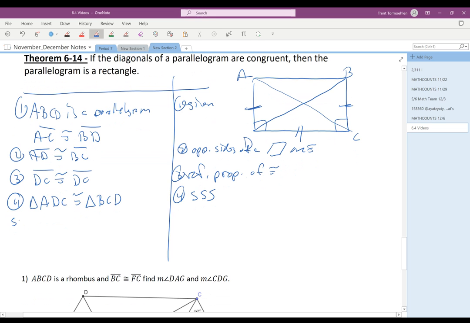From there, we can say that angle ADC is congruent to angle BCD, and that is because of CPCTC. And then we also know that ADC and BCD are supplementary. We know this because consecutive angles in a parallelogram are always supplementary.